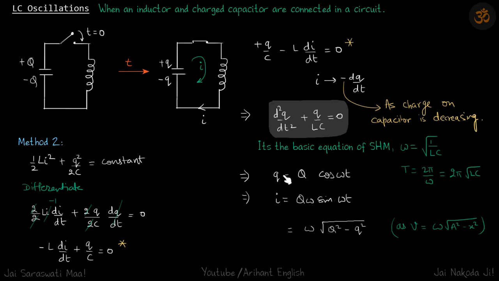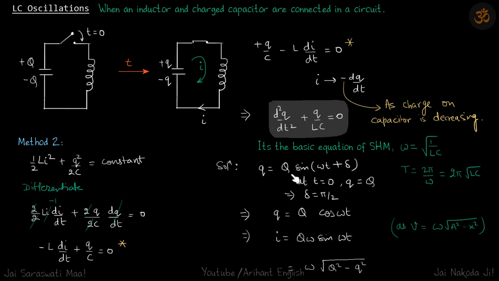At t is equal to 0, the charge q is capital Q. So sine omega t plus delta becomes 1, so sine delta becomes 1, which means delta is equal to pi by 2. Sine omega t plus pi by 2 I can write as cos omega t. So I get q is equal to Q cos omega t.